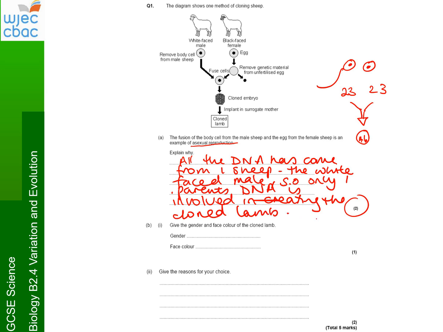You might say, well, there's also no sex cells involved. In other words, there's no sperm or egg, or you could use the word gametes. So there's 2 marks there.